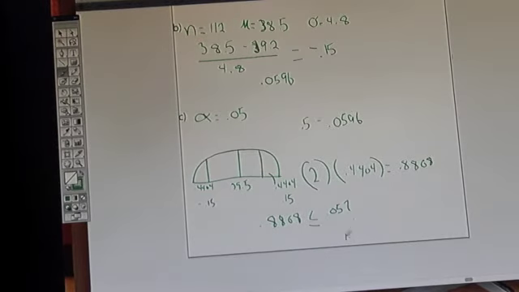The answer is no. So we accept our null hypothesis, which means that the mean has not changed and our average work week is still that 39.2 that we were given in the very beginning.